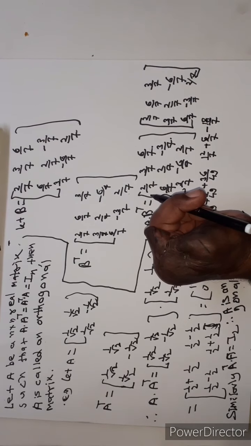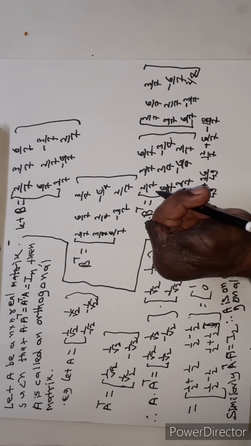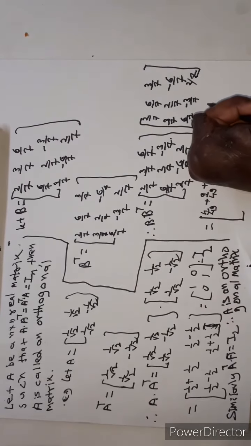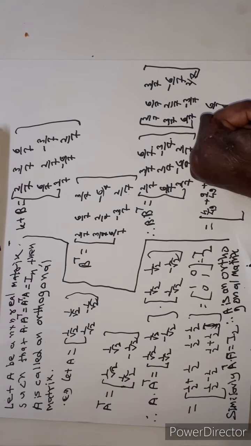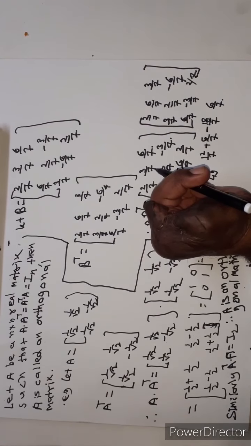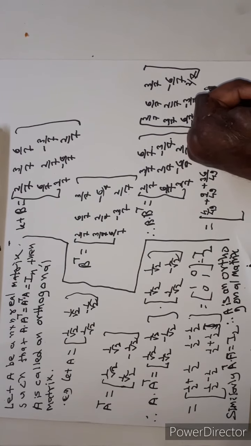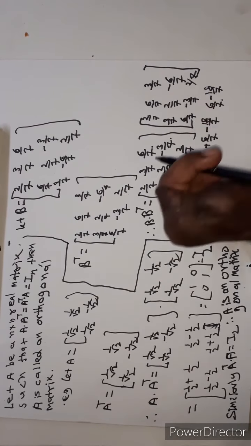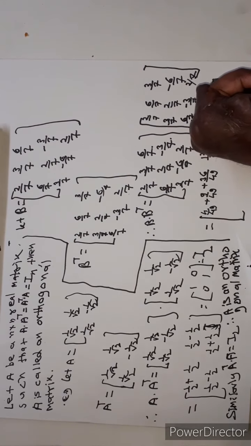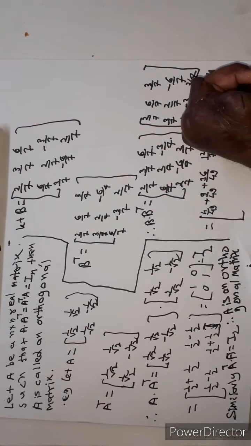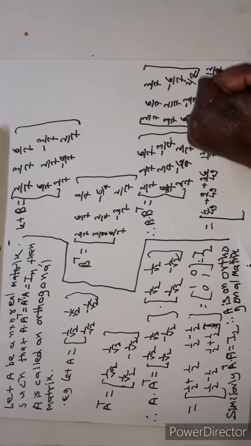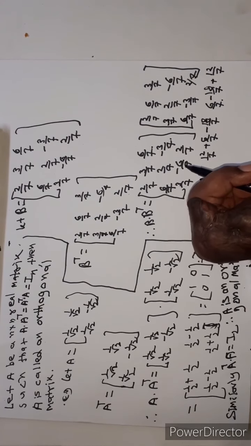Here then this is 2 by 7 into 3 by 7, 6 by 7. 3 by 7 minus 6 by 7, minus 18 by 7. 6 by 7 plus 12 by 7, 12 by 7, not 7.